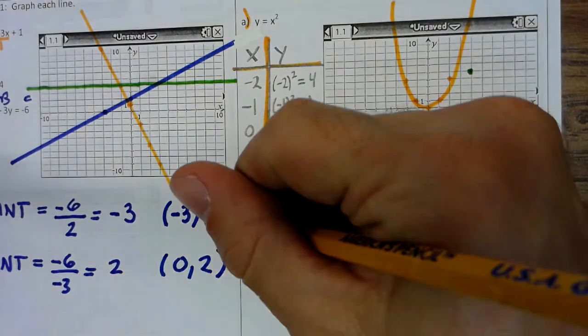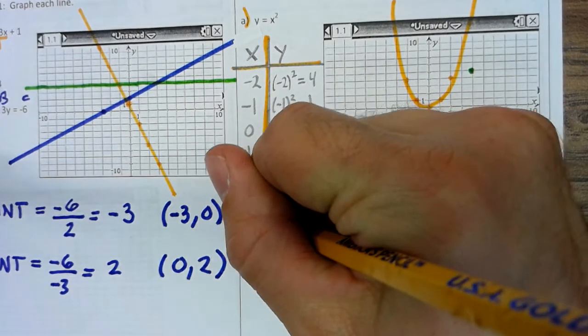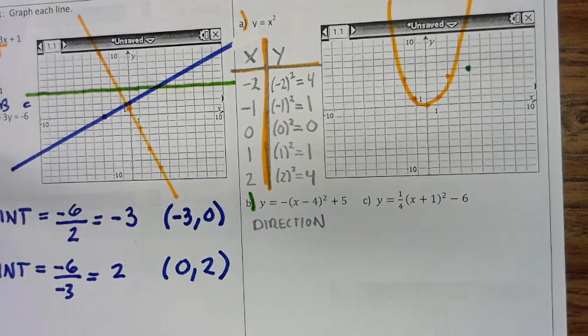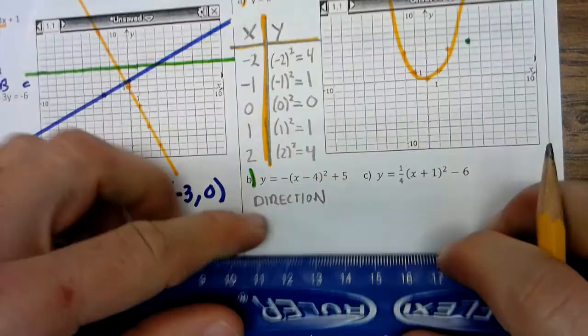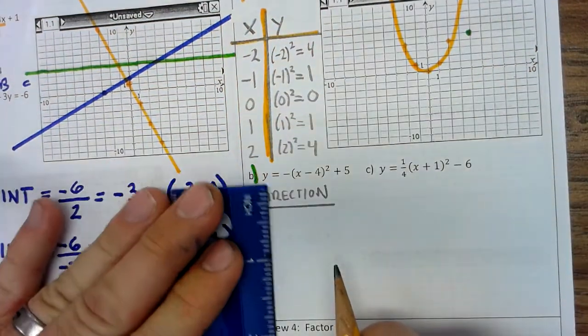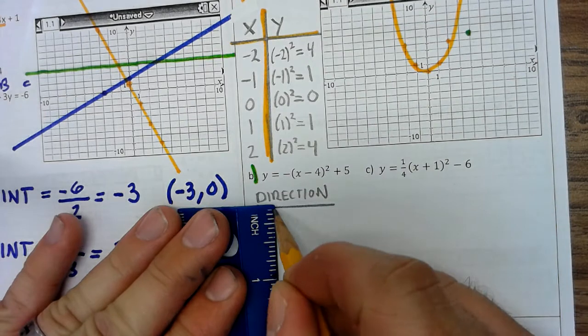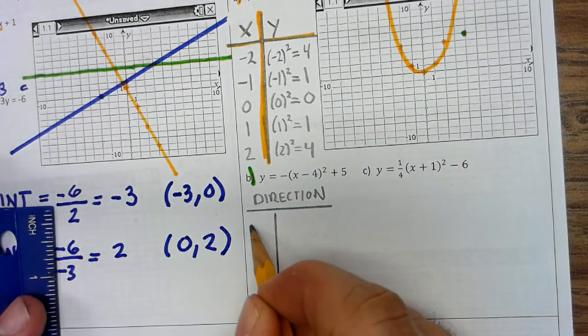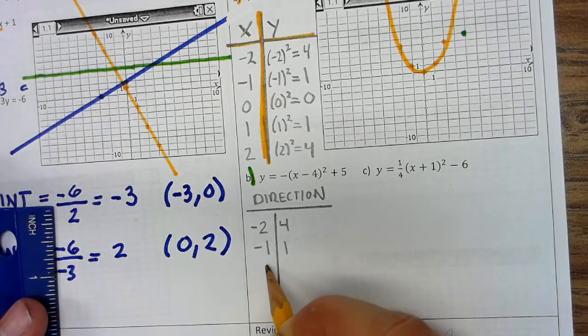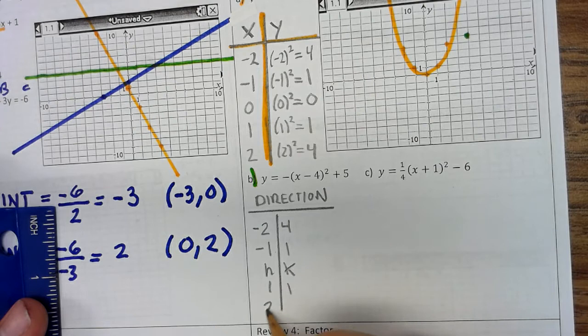Now we graph by direction. And based on our points from A, we know our directions are -2, 4, -1, 1, 0, 0, 1, 1, 2, 4.